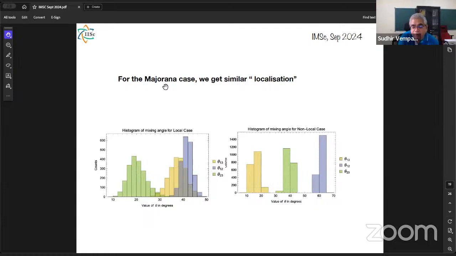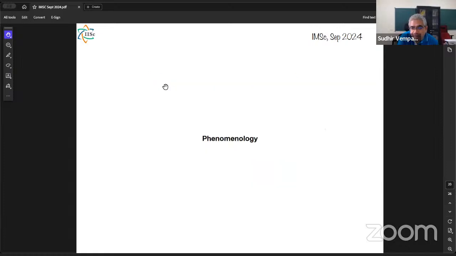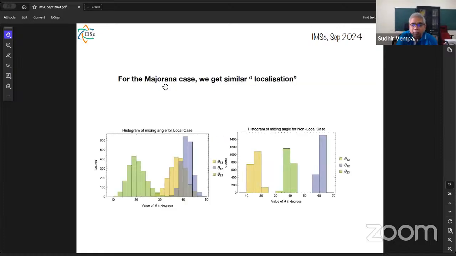In principle, I'll only get anarchical mixing angles because I'm setting them to be completely random. That's understandable because it's like taking an anarchical mass matrix. So you take them to be some order 1, and you get nice localization of the mixing angles.